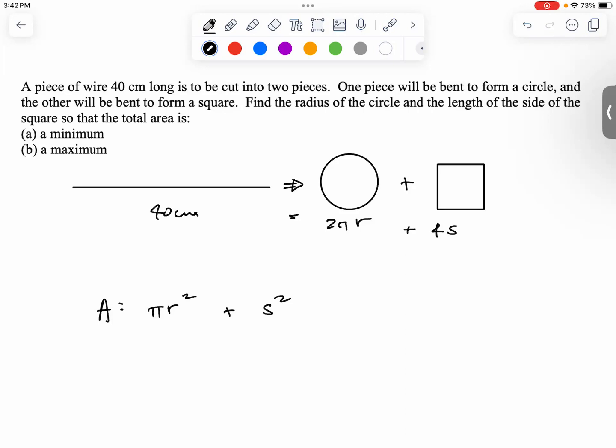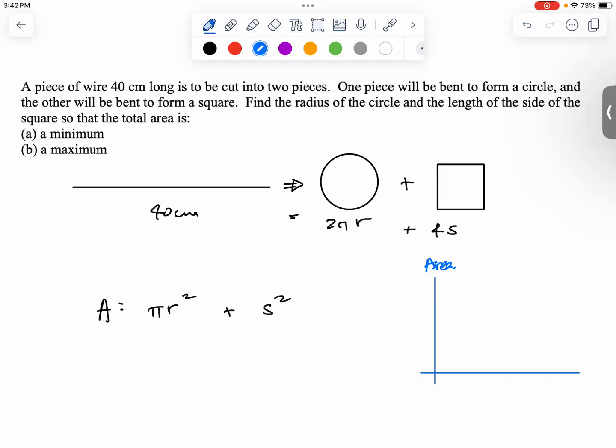Like I said before, it's always a good idea to draw a pair of axes. And we say, hey, can you go ahead and find the area? Sure, we can find the minimum and the maximum area. But what is the horizontal axis? Well, you have two choices. You can put r, you can put s.